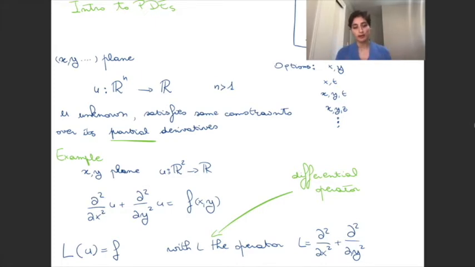We can write this, as we did for the ODEs, as a differential operator L applied to u equals f, with the operator L being the sum of the second derivative with respect to x plus the second derivative with respect to y. In this case, it is a linear operator. You see how you don't need to write u explicitly in there.